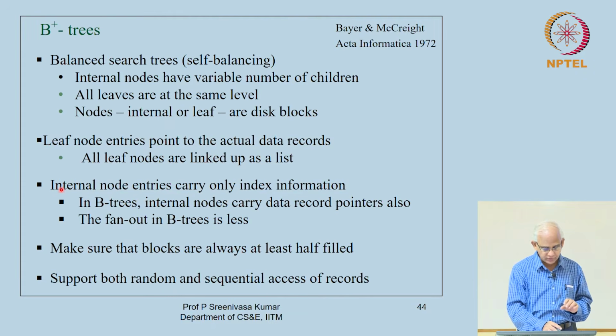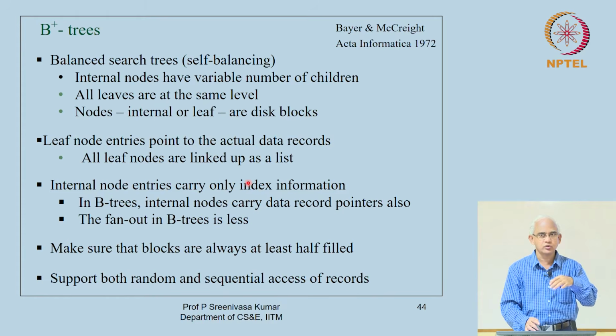Okay. Then the internal nodes, what will the internal nodes do? Internal nodes will carry index information, some information which will guide the search to go to the appropriate leaf level. So, unless you go to the leaf node, you will not get the pointer to the data record.